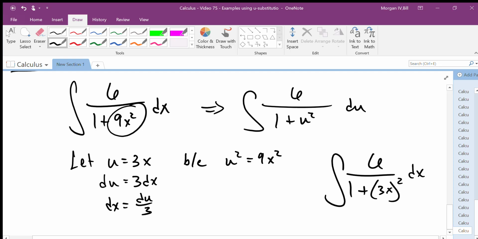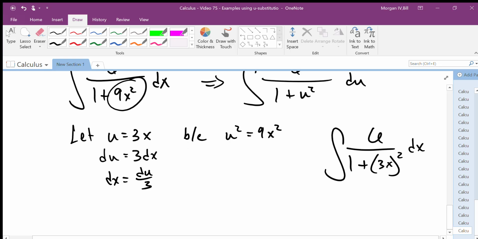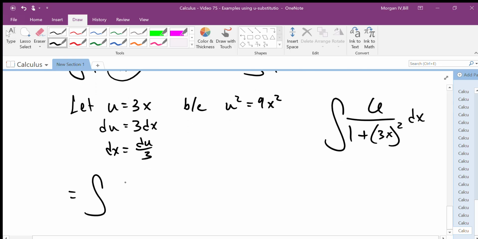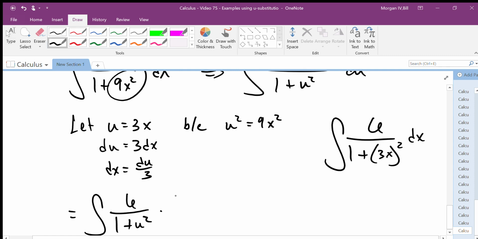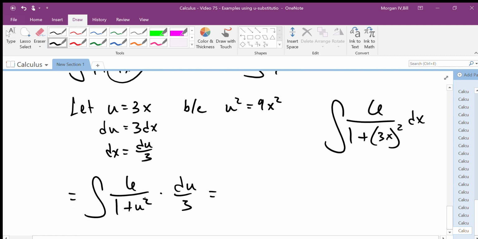So I'm going to replace this. I'm going to have 6 over 1 plus u squared, and then dx becomes du over 3. Because u is 3x, u squared is 9x squared, so 9x squared becomes u squared, times dx, which is du over 3. 6 over 3 is 2. Integral 1 over 1 plus u squared du.